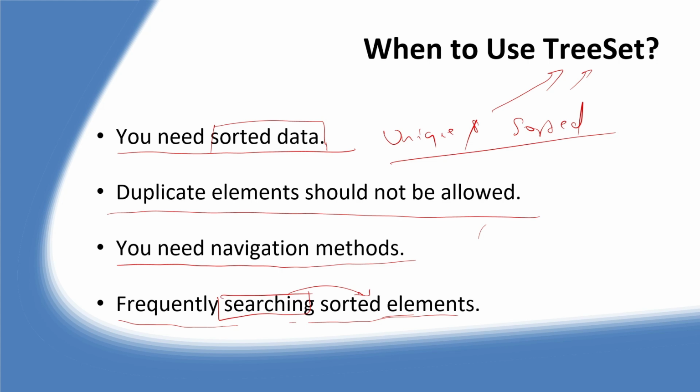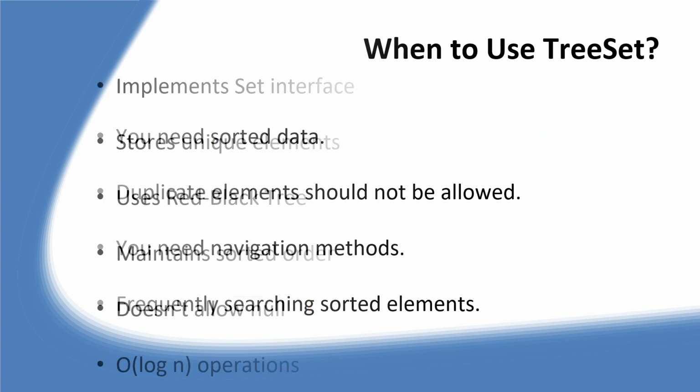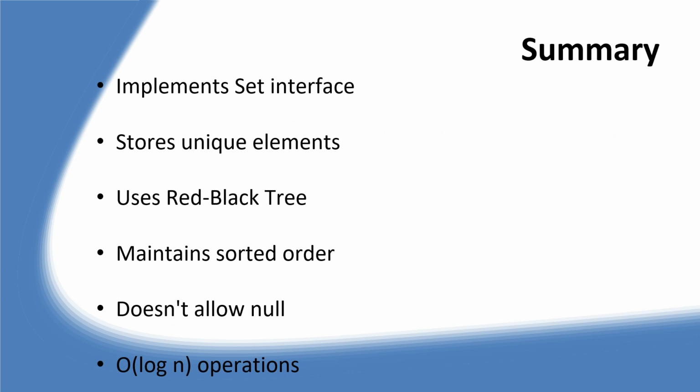So that's how we should select which collection to use. Let's quickly summarize what we have learned so far. TreeSet implements the Set interface indirectly. We know the hierarchy: NavigableSet followed by SortedSet and then Set. So indirectly it implements the Set interface.